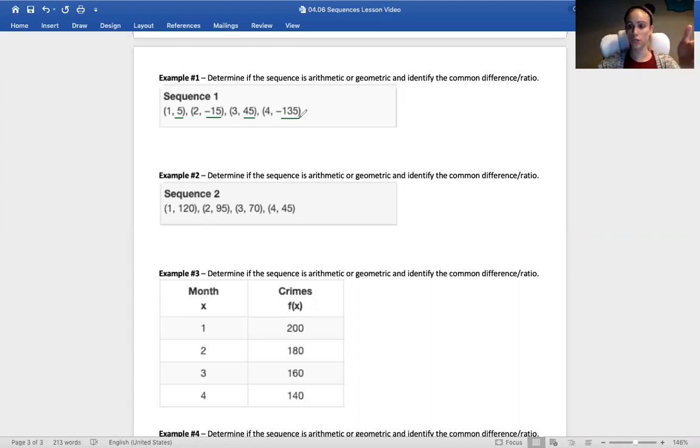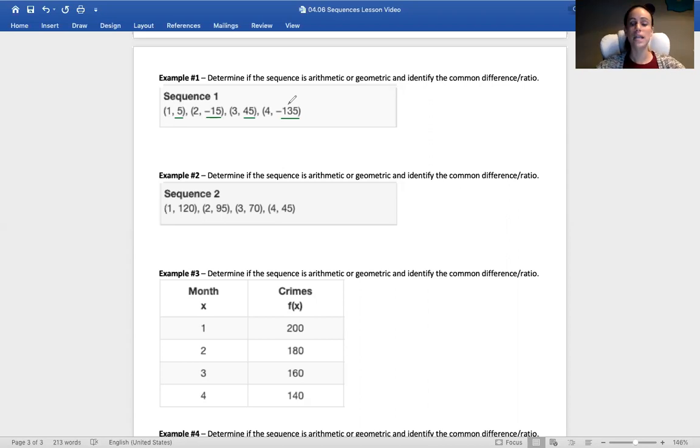So the first term has a value of 5. The second term has a value of negative 15. The third term has a value of 45, and the fourth term has a value of negative 135, right? So input versus output. So if we want to identify whether it's geometric or arithmetic, we need to look at our output, our y value, okay?